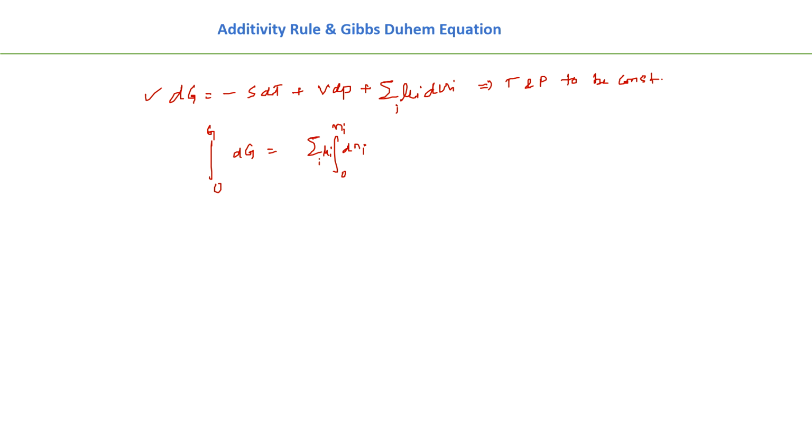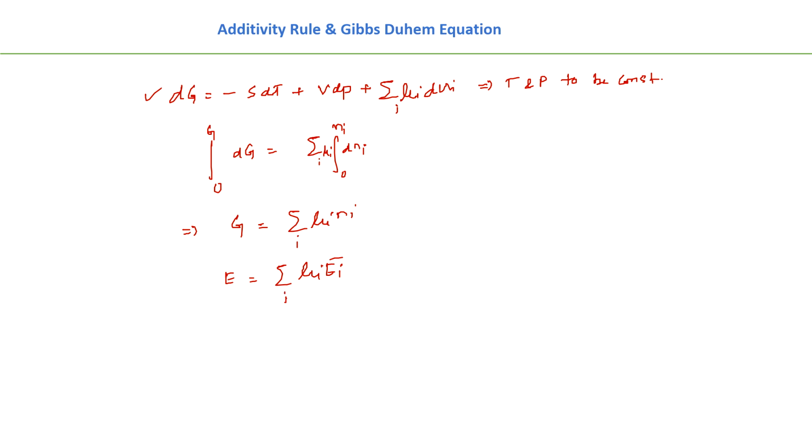Here one thing we need to remember is that the chemical potential mu i is not changing during this process. After integration, we get G equals the sum of mu i ni. For any extensive property E, we can write E equals the sum of ni times E i bar.